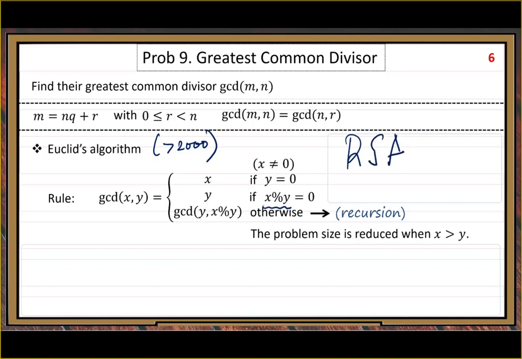RSA comes from the initials of three professors. They invented this algorithm based on number theory. Prime factorization is extremely hard. 1,000-digit prime factorization is extremely hard.